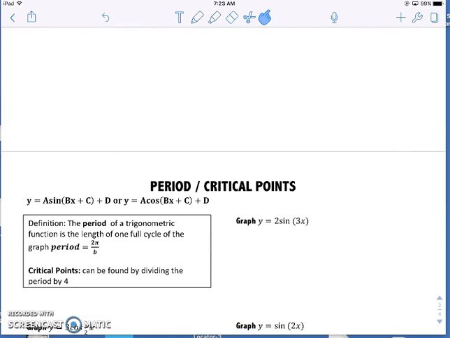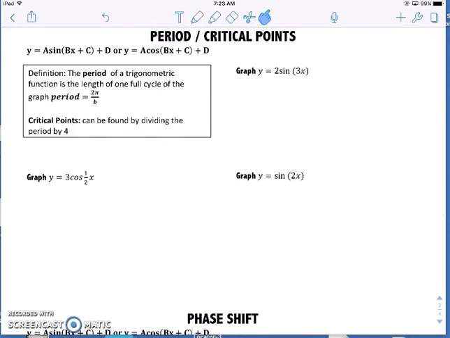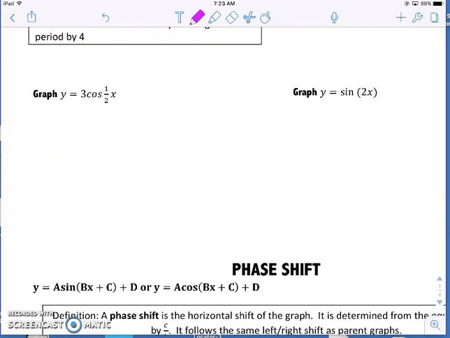So the next thing we're going to look at today is your period and critical points. So your period we talked about yesterday was 2 pi over b, and you can find your critical points, those marks, by dividing it by 4. So this first one here, let's see, our amplitude is 3. Our period would be 2 pi divided by half.